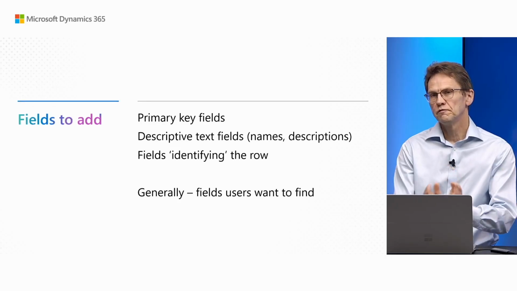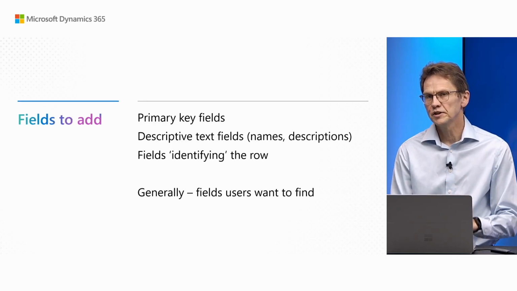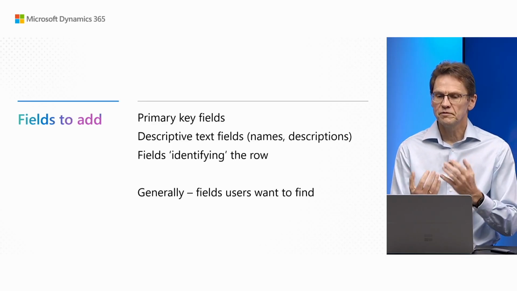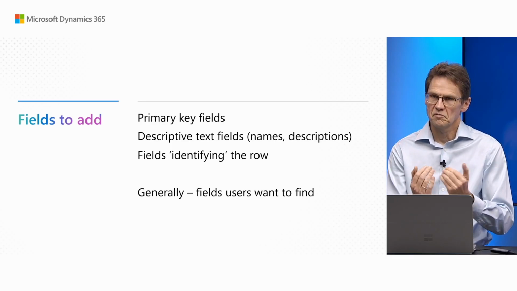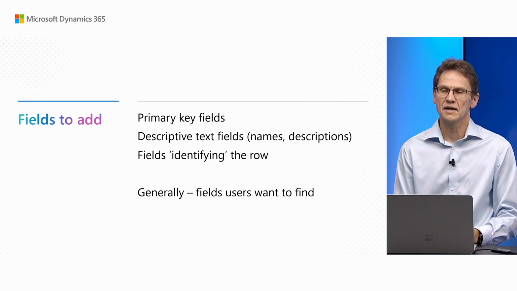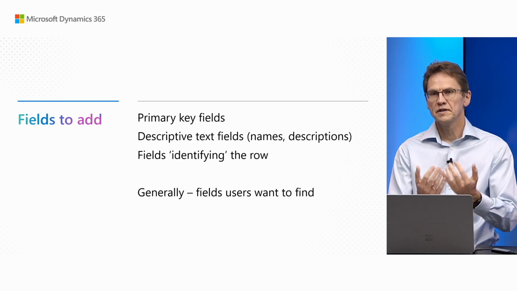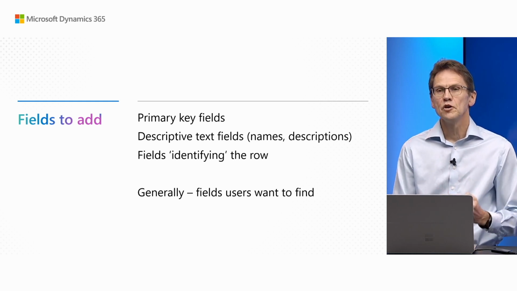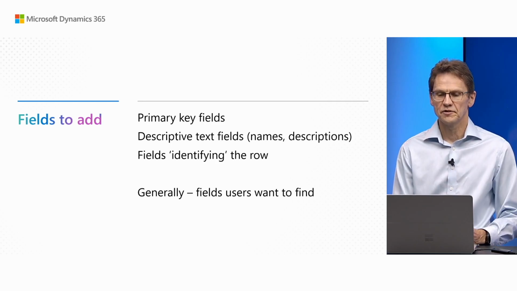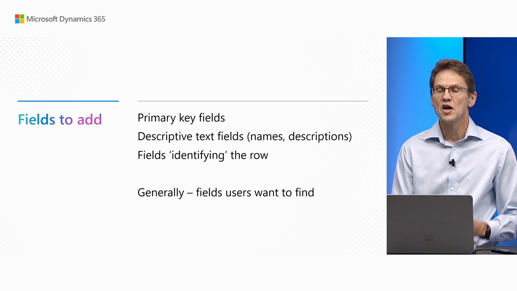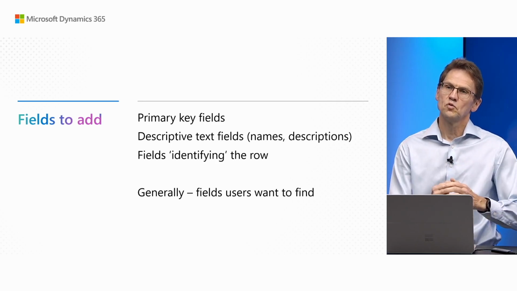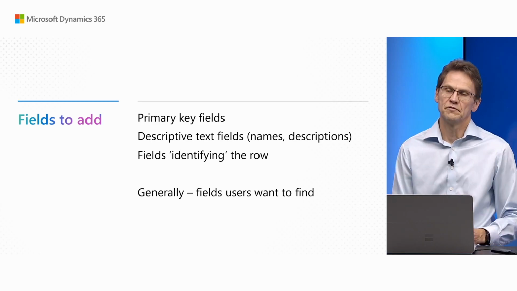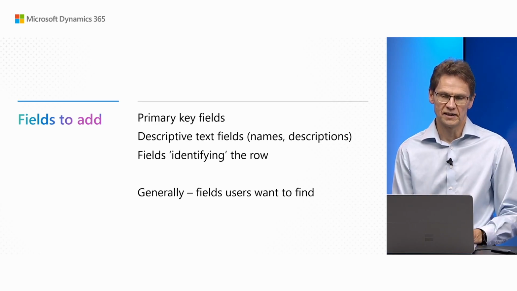You would want to add this to the following types of fields: the primary key fields, descriptive text fields that uniquely describe this item, or other fields identifying the row, which could be a name or something. And generally, you should add this to fields that the users want to find, not to fields where there are thousands of them or where it's a grouping mechanism.